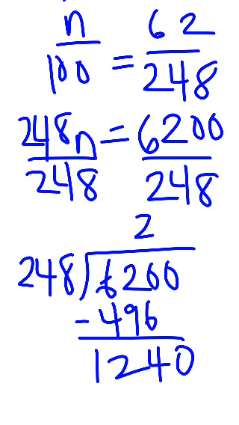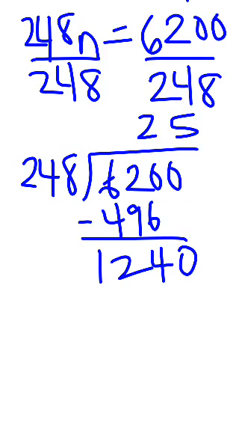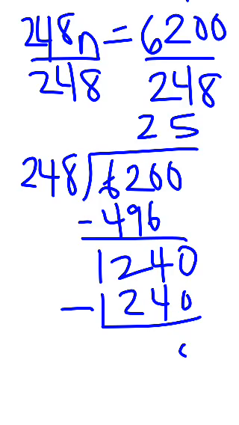Bring down your 0. Matter of fact, 248 can go into 1,240 5 times exactly. Our final answer to question number 11 is 25%.